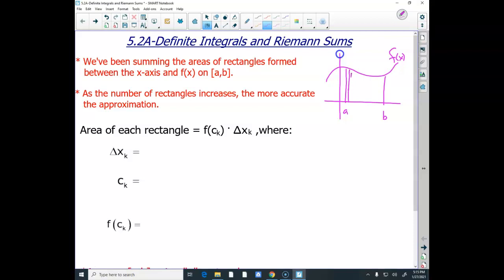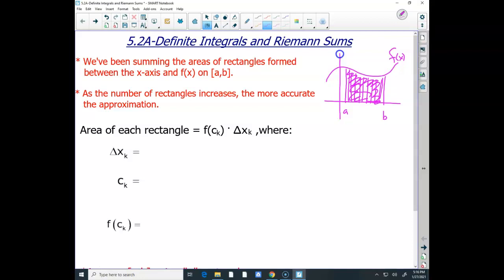We've just been finding a whole bunch of rectangles in here, right? We've been adding all those rectangles up to estimate the area between the function and the x-axis between a and b. And we do know, the more rectangles I put between a and b, the more accurate my approximation gets, okay?